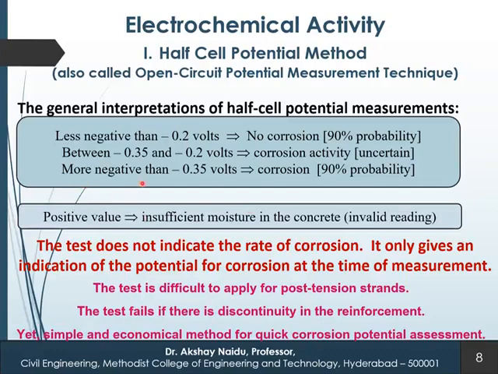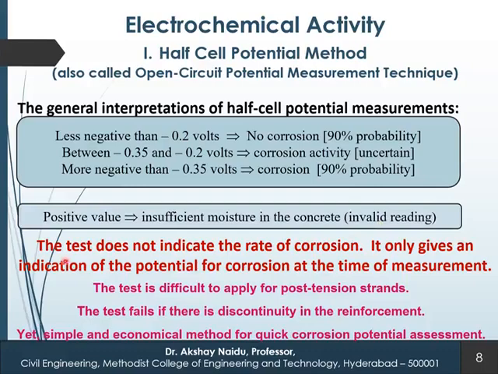But if it is more negative than minus 0.35 volts, then there is 90% chance that corrosion is existing. If you get a positive value, there is insufficient moisture in the concrete and therefore it's an invalid reading. We cannot assure that there is no corrosion.